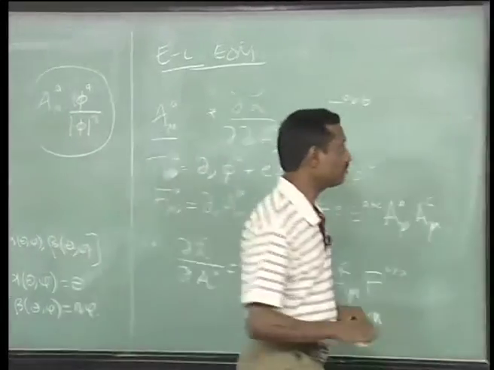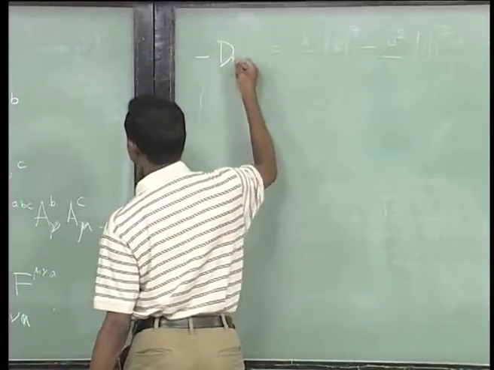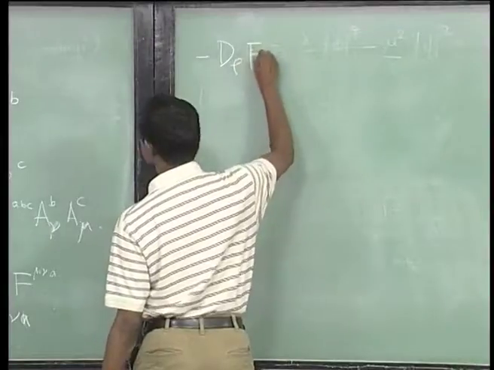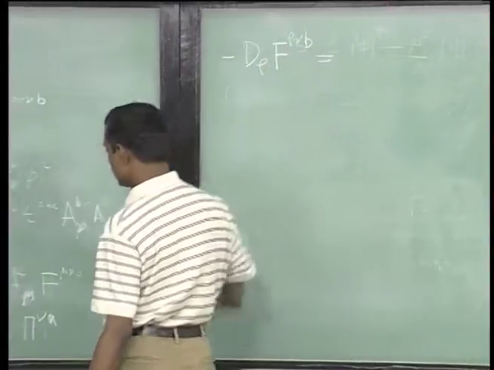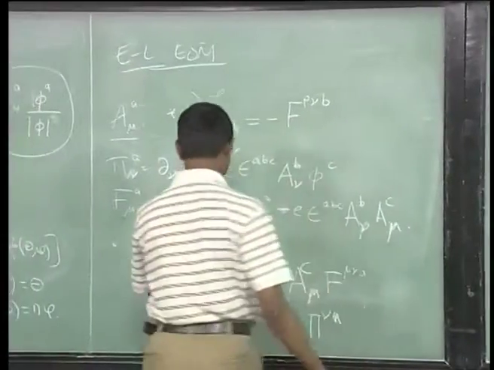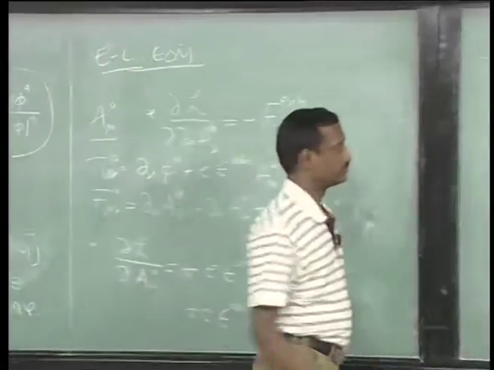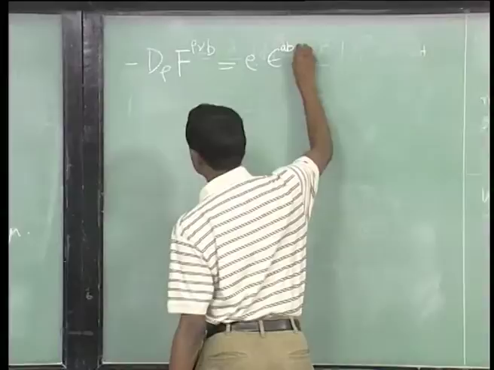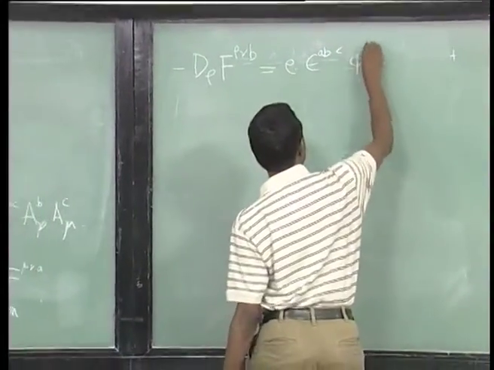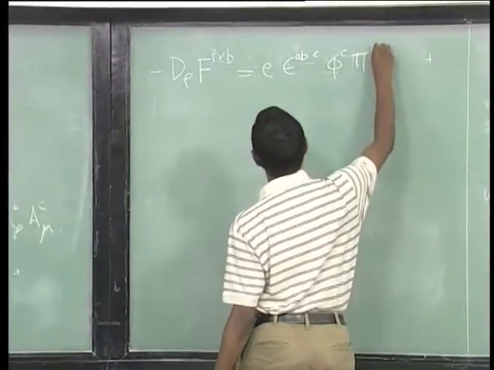So finally, what we get is minus, so I just write it this way, d rho F rho nu b should be equal to, so I am not worrying about anything out here, I just throw this term, forget about it, should be equal to this, pi nu b.